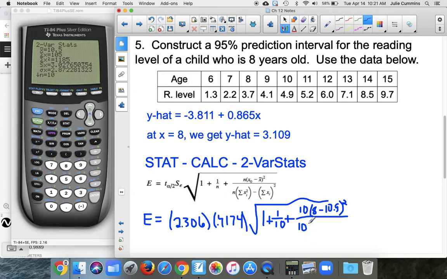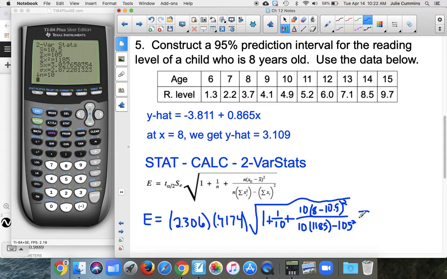So that's just going to come straight from the calculator. Minus, and then this is the sum of all the x's, and then we're squaring that. The sum of all the x's is right here, 105. So we're going to do minus 105 squared. Okay, so those are all the pieces. That's where they all come from.